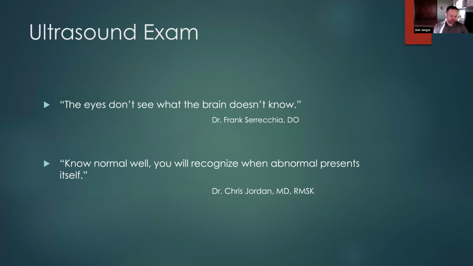Another thing, going through fellowship, one of my mentors there, Dr. Chris Jordan, was always saying, know normal well, so you'll recognize when abnormal presents itself. That goes back to knowing the anatomy. One thing I would take a step further is also knowing the characteristics of common pathology well, and what delineates those things can be pretty helpful when you recognize unexpected pathology.